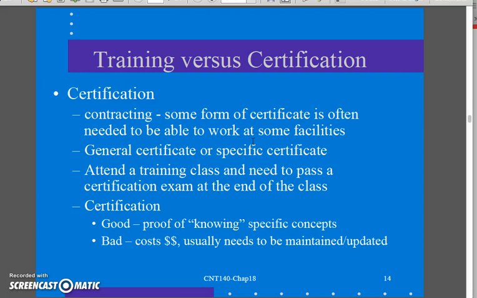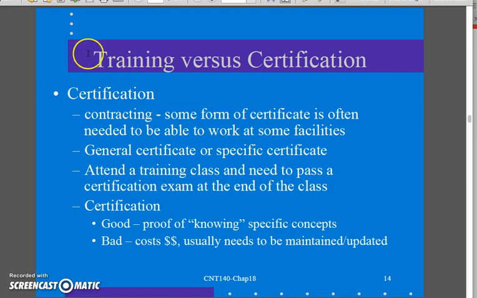On the other hand, something called certification is just that. I need to go to some kind of class or session or training event or log in online, and when I'm done, I usually need to prove that I know a certain body of knowledge.